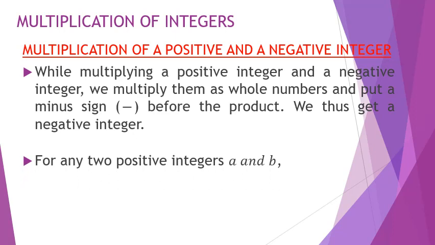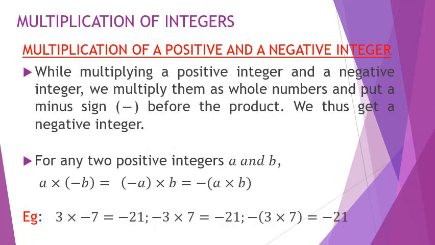In general, for any two positive integers a and b, a into minus b equals minus a into b, equals minus of a into b. That means if we multiply a positive integer and a negative integer, the result is always a negative integer.